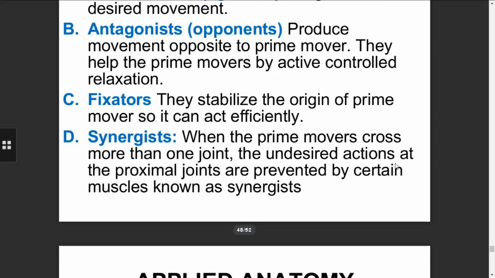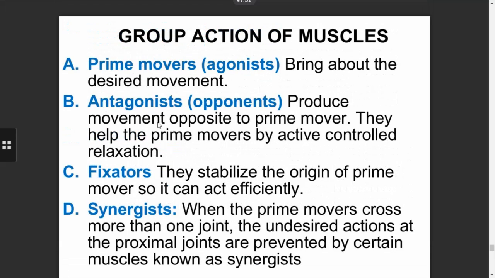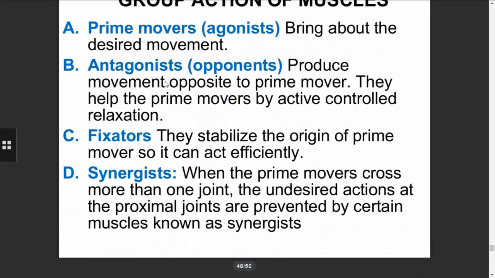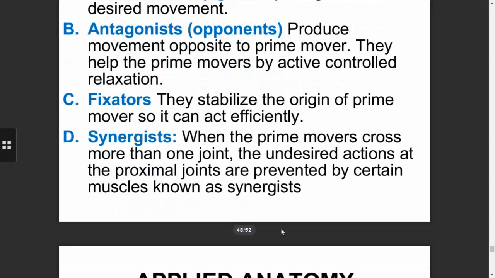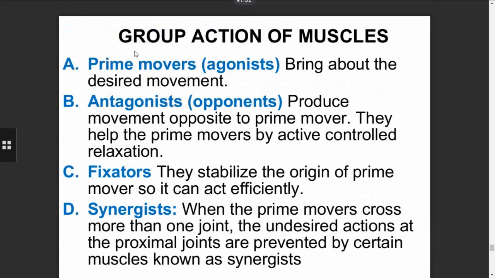The undesired action at the proximal joint is prevented by certain muscles known as synergists. When prime movers cross more than one joint, then the movement at the proximal joint is opposed, means it's prevented by muscle fibers known as synergists. These are the group of four muscles.